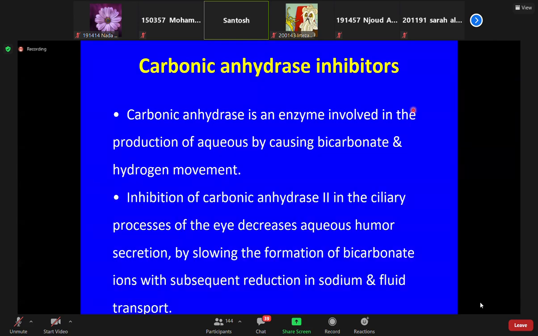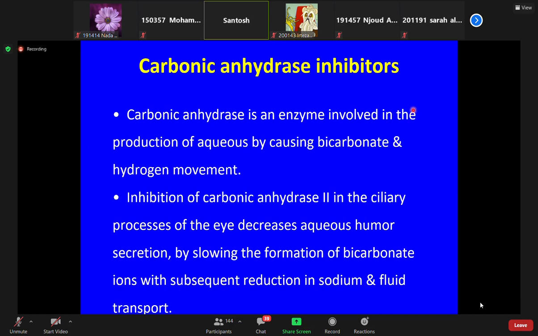So inhibition of carbonic anhydrase 2 in the ciliary processes of the eye decreases aqueous humor secretion by slowing the formation of bicarbonate ions with subsequent reduction in sodium and fluid transport. So carbonic anhydrase inhibitor will reduce the aqueous humor production. Okay?